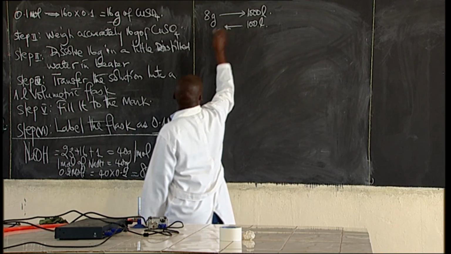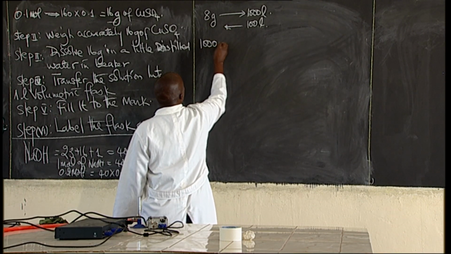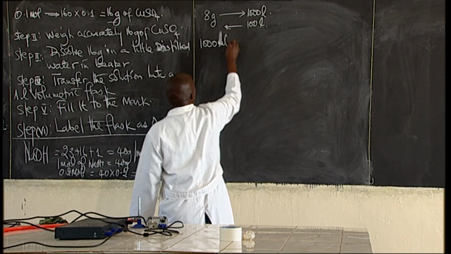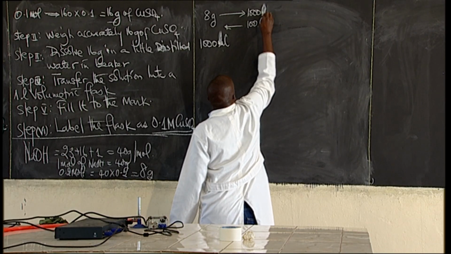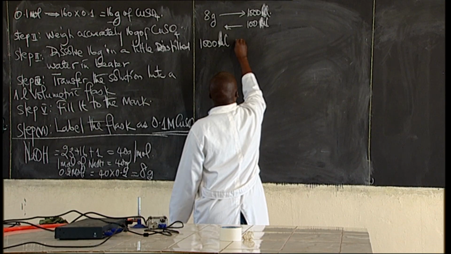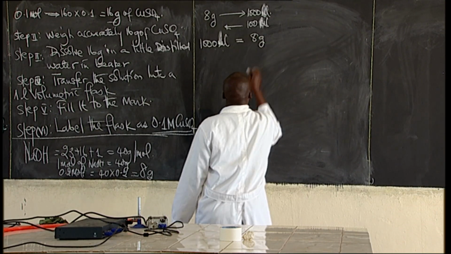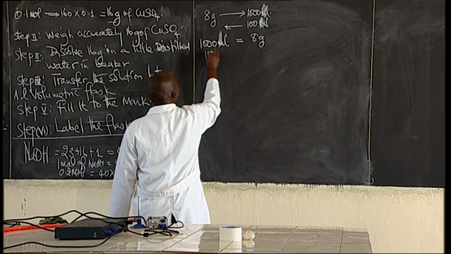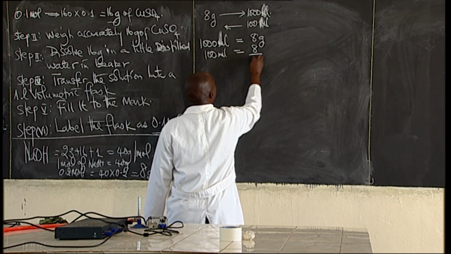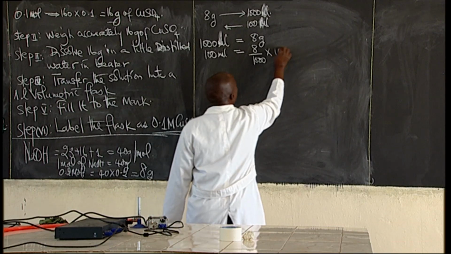If 1,000 milliliters, not liters, this is milliliters, is equivalent to 8 grams, then 100 milliliters will be equivalent to 8 over 1,000 times 100.